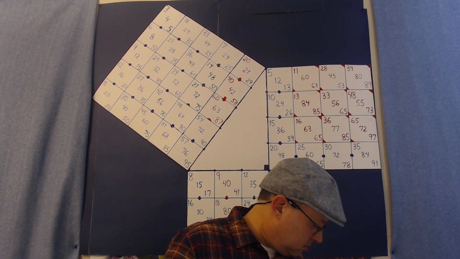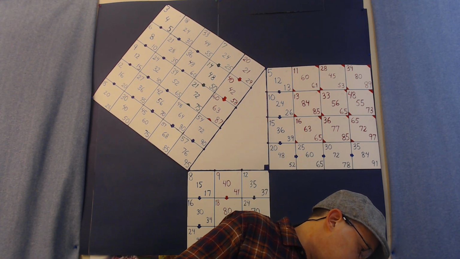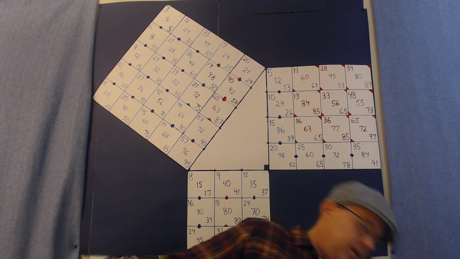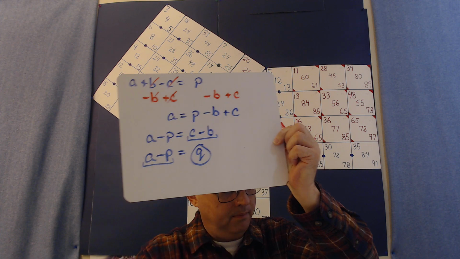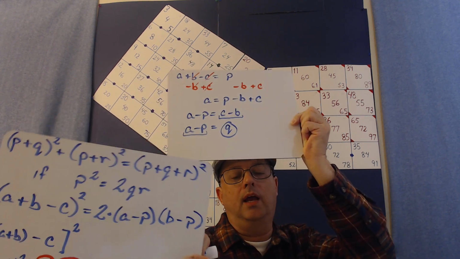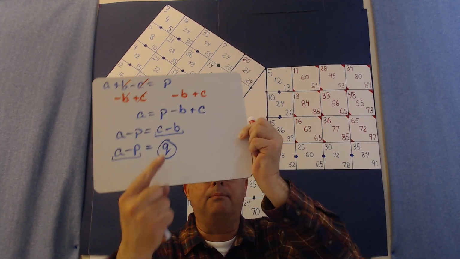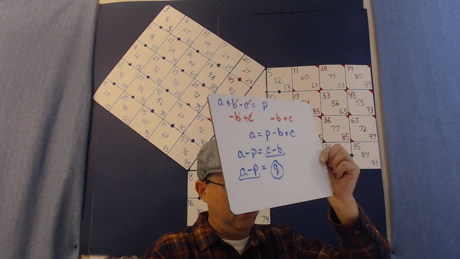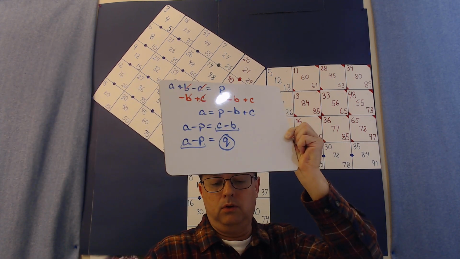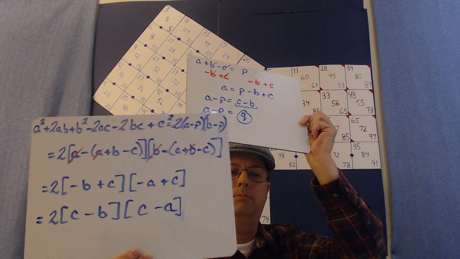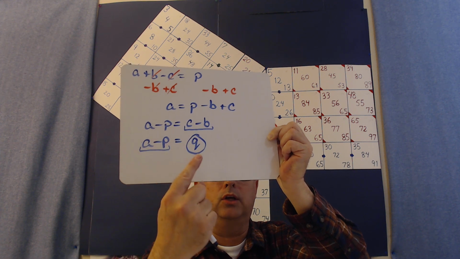And that's true because it's right here. Q was a minus p. And then look at what happened. That q, that 2qr, is now 2 times c minus b. And c minus b is another way of writing q.